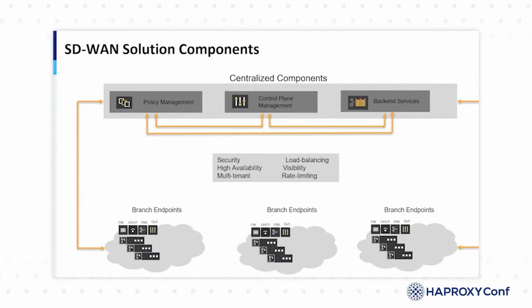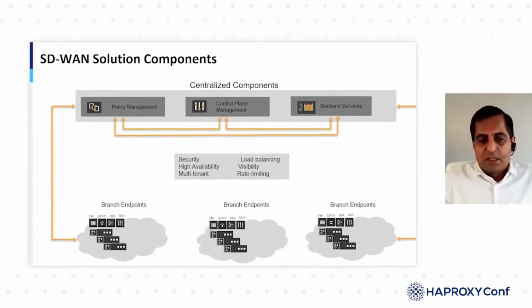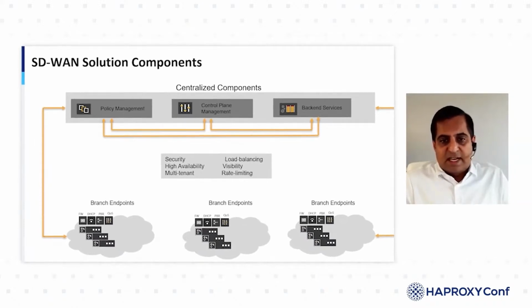I won't go too much into detail on the SD-WAN side, but one of the principles which I mentioned to you is the separation of control plane and user plane. That's commonly known as CUPS. SD-WAN adds an additional component there, which is a policy management component.